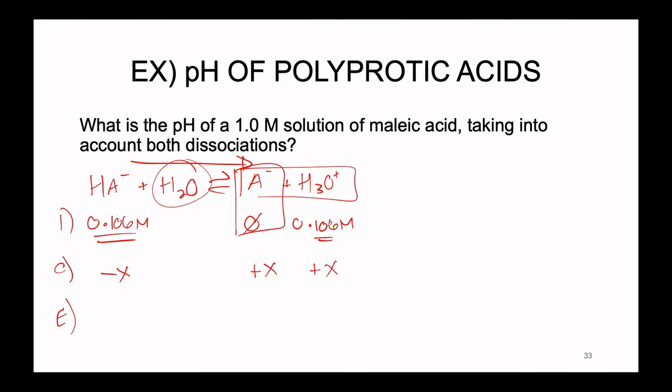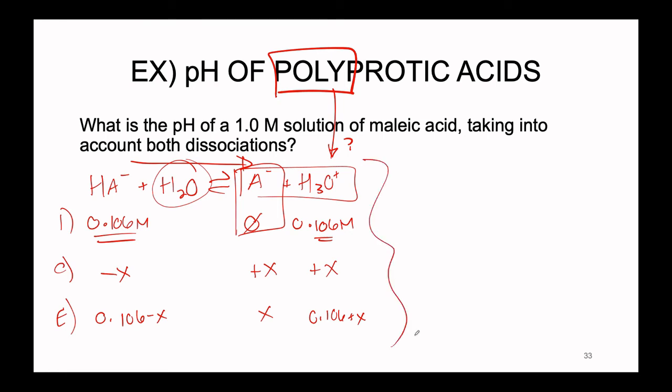That's the whole purpose of doing this second calculation for a polyprotic acid: we want to know how much additional H3O+ is being generated here. So at equilibrium, we will have 0.106 minus X, we will have X, and we will have 0.106 plus X.